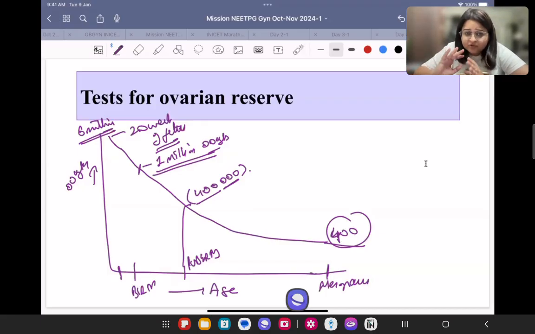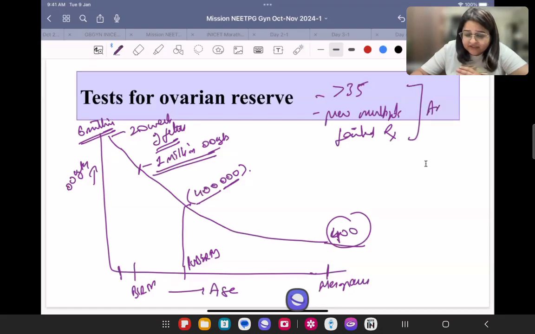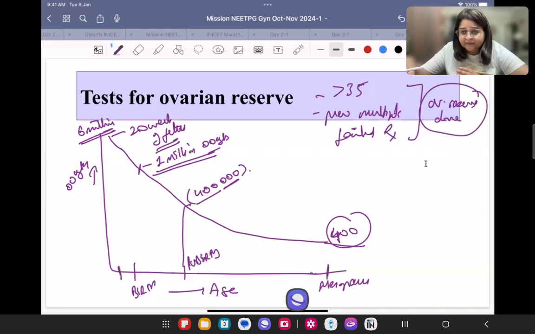Now they don't ask, but you should know the concept that with age the oocytes will keep decreasing. Hence when the woman crosses 35, or if she's had previous multiple failed treatments, especially failed IVF cycles, it's always a good idea to get the tests for ovarian reserve done so that you can plan her treatment accordingly.